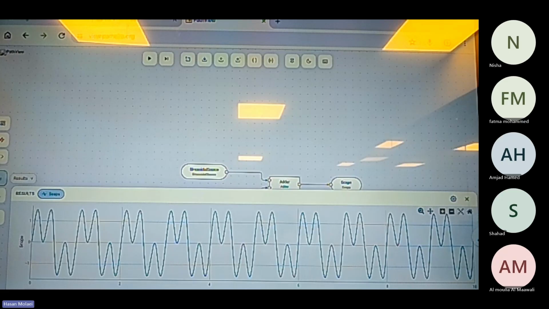Is it still periodic? This waveform is periodic. Yes. It is.